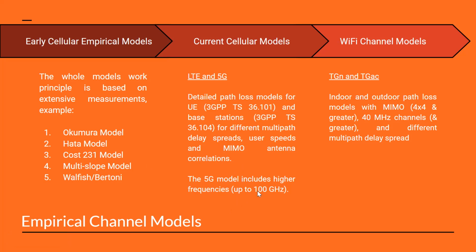Now, we go into the Wi-Fi channel models, TGn and TGac. They are indoor and outdoor path loss models with MIMO 4x4 and greater, 40 megahertz channels and greater, and different multipath delay spread. They are commonly used in cellular and Wi-Fi system simulation.